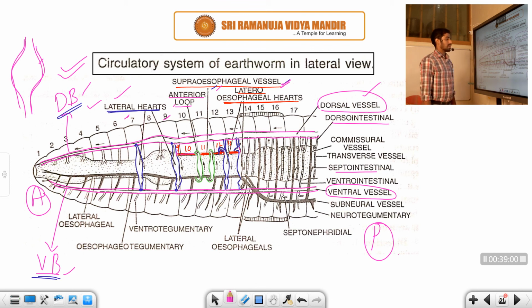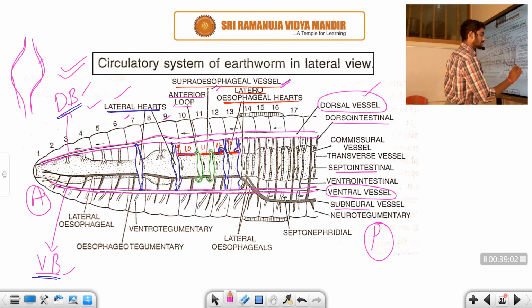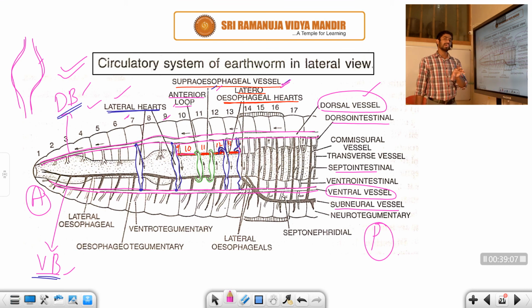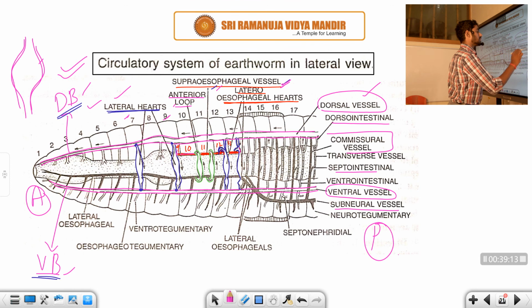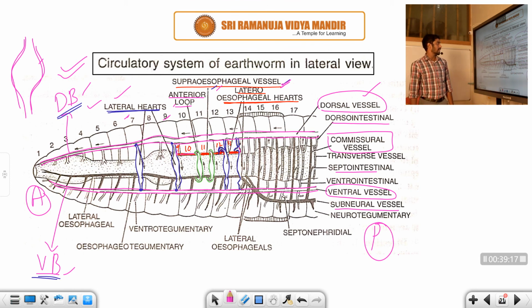Next, we discussed the subneural blood vessel. The subneural blood vessel extends from the posterior part up to the 14th segment. It connects to the dorsal blood vessel with the help of the commissural blood vessel. Another is the esophageal blood vessel, extending from the 5th to the 14th segment.